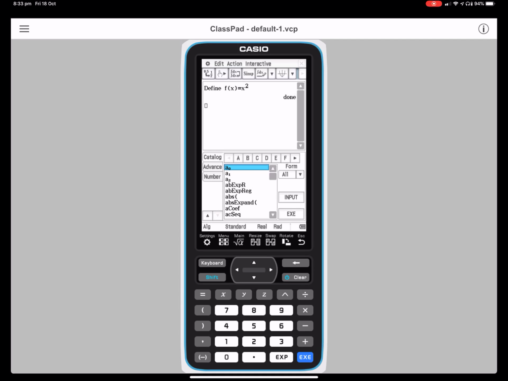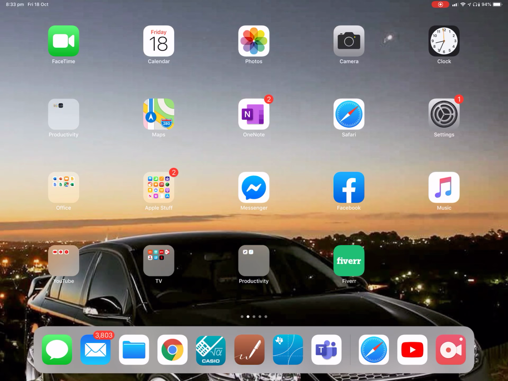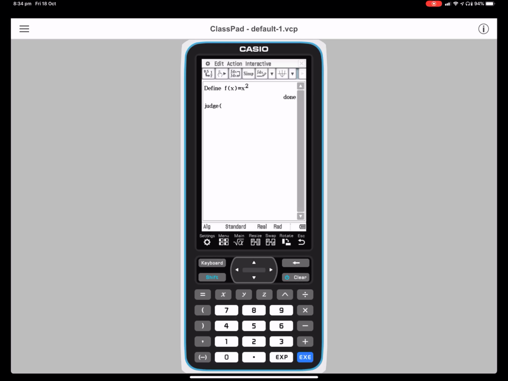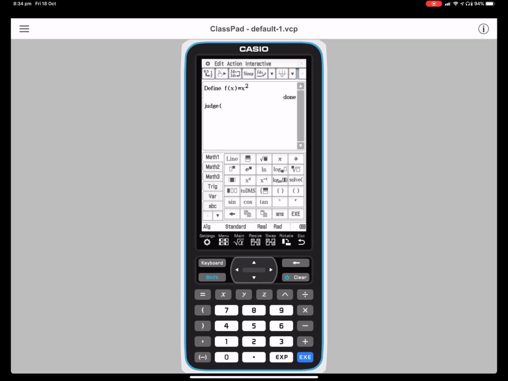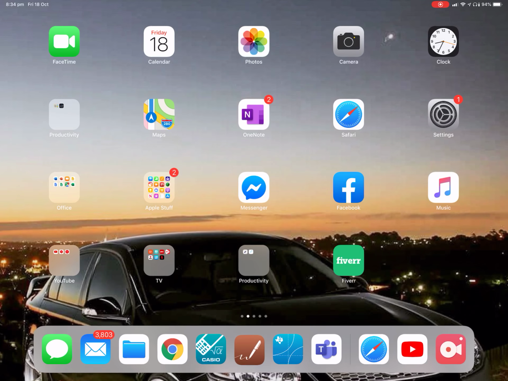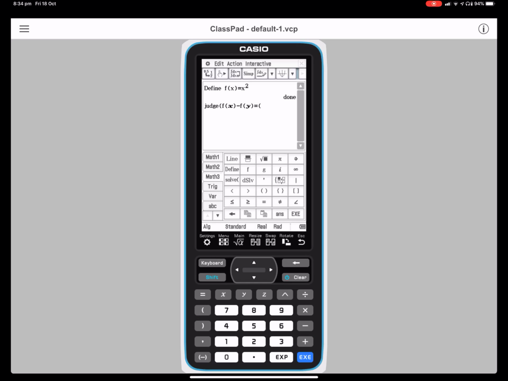And then we put in whatever the function is. f of x minus f of y equals y minus x times f of xy. Okay, then we hit enter.